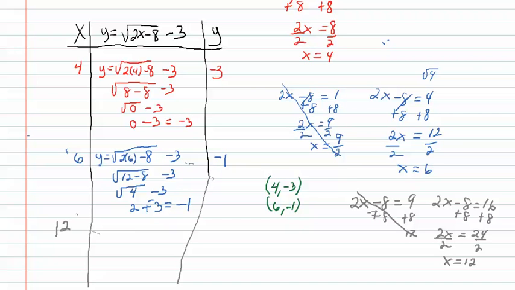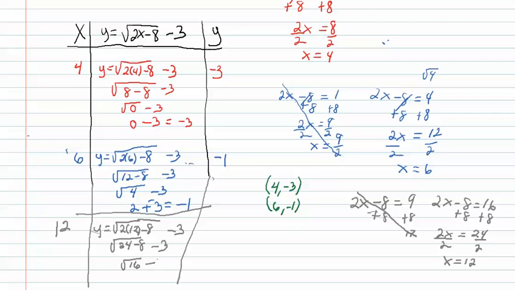Okay, let's plug it in and do the math. So we have y is equal to 2 times 12 minus 8. That's still under the radical. Minus 3. Under the radical, 2 times 12 is 24. 24 minus 8 is 16.